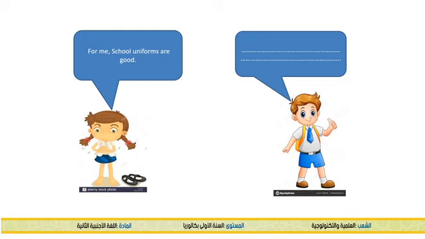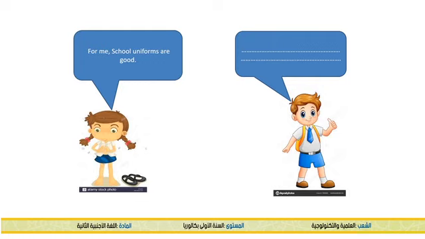She says, for me, school uniforms are good. So he has to respond to this situation. Does he agree with her? Does he disagree? Or he may give his opinion. So think about it in order to move to answers.